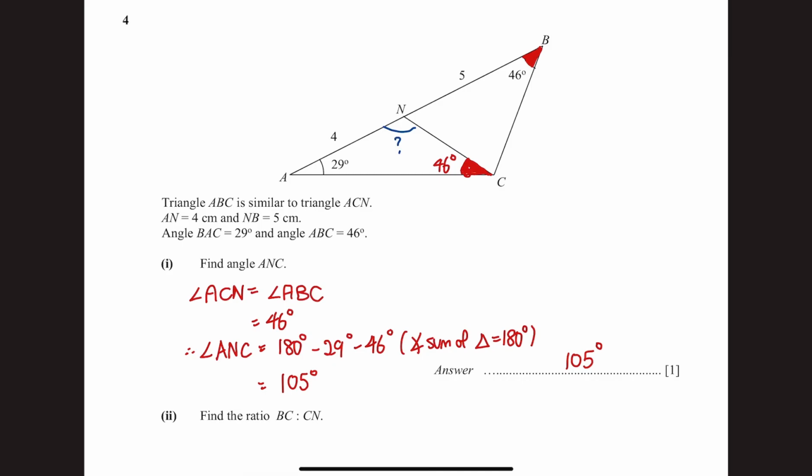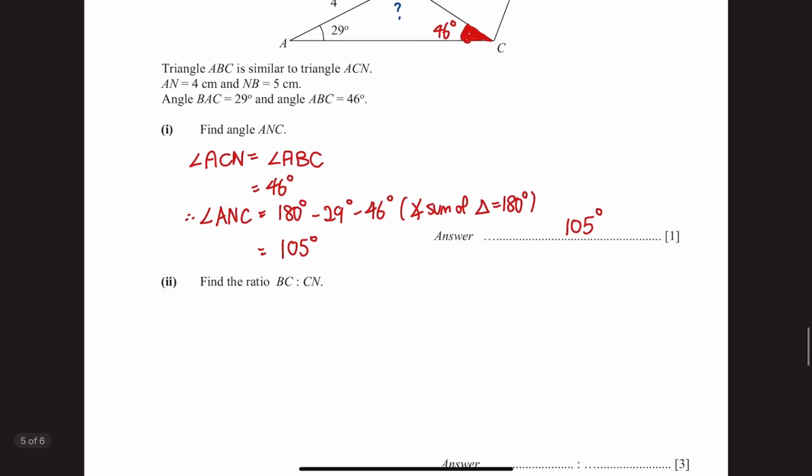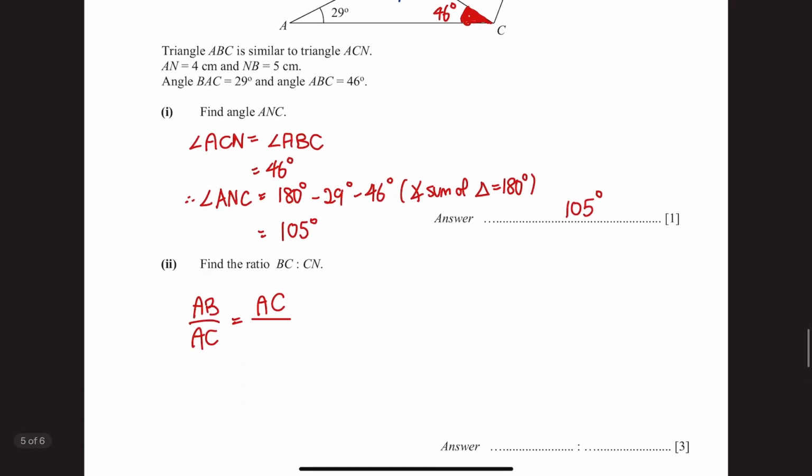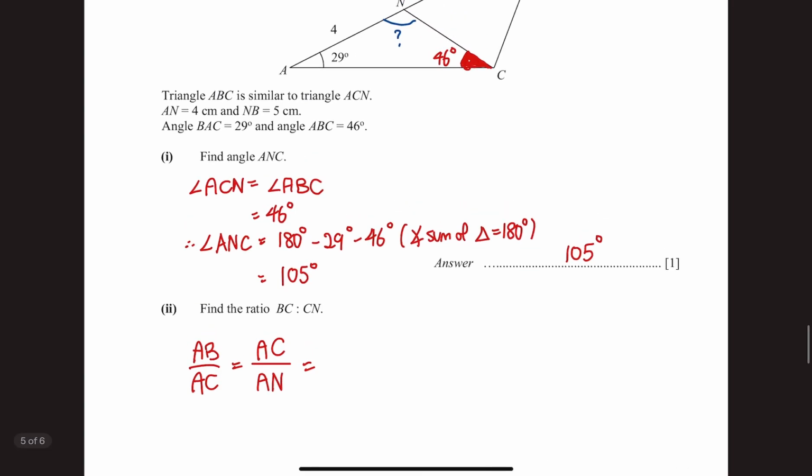In these two similar triangles, I can form the ratio of the corresponding sides. By matching vertices, AB over AC is equal to AC over AN, AC in the big triangle over AN in the small triangle, and then the last one is BC over CN.